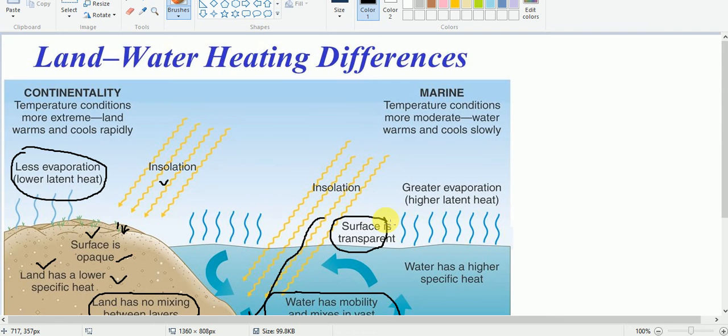And do not forget, specific heat means the amount of energy required to raise the temperature of 1 gram of a substance by 1 degree Celsius. Specific heat of water is higher than land. That means water requires more heat energy to raise the temperature of 1 gram of water by 1 degree Celsius. And that is why water heats up and cools down slowly.